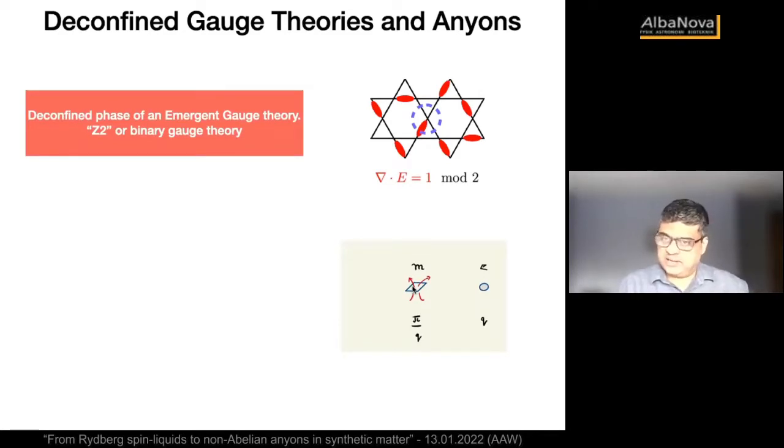And in this particular case, the magnetic field or the magnetic flux is also a binary quantity. So it's either there or it's not there. And if you like, you can think of it as magnetic flux of pi. So if you were to take the electric charge around this magnetic flux, you pick up a minus sign. Okay, there's an Aharonov-Bohm effect, and the Aharonov-Bohm phase is exactly -1. Those are the rules of the game for this very simple form of electromagnetism.